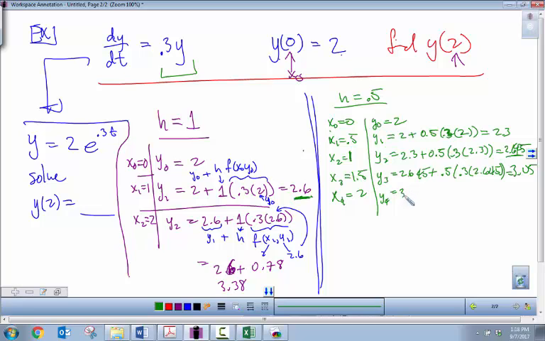So the next one is going to be the previous y, which is 3.05, plus 0.5 times 0.3 times 3.05. And in our last calculation, we should get something close to 3.38, right? I hope. What is it? 3.51. I don't know if that's close, but yeah.